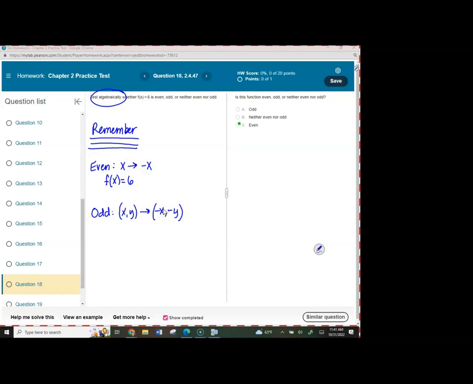No. So what comes out of it? 6. I still end up with this, which means it's the same, there's no x. So it is even, which means you're done, because it'll never be even and odd. How's it even? Because there's no x there. I know, it's silly.